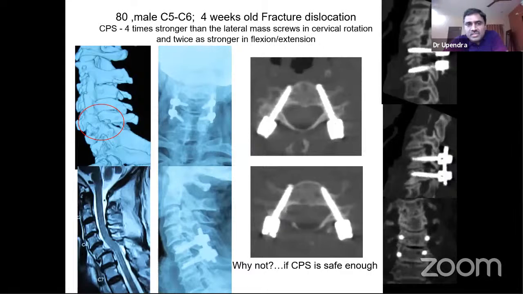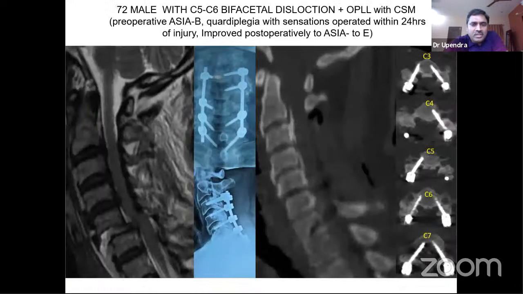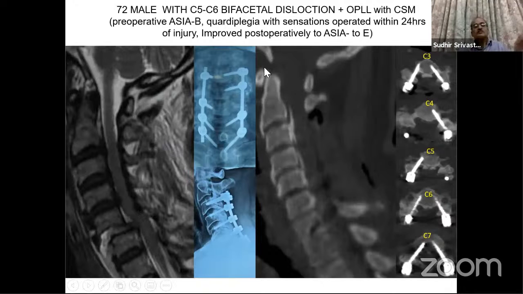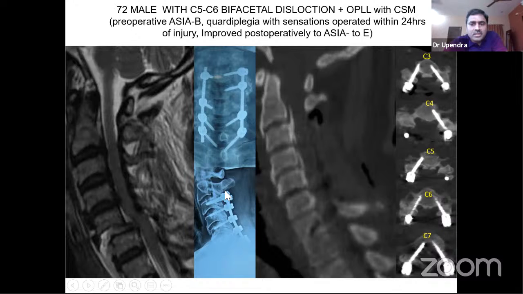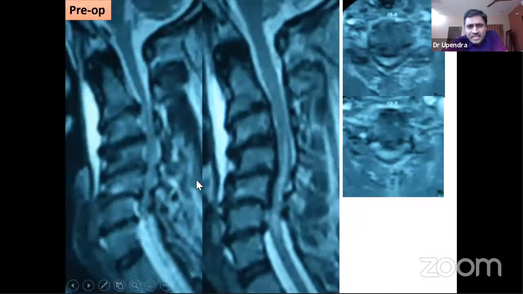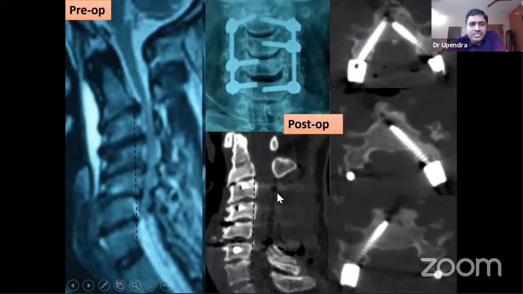So we can use it in all the situations where it is required to fix the cervical spine, fracture dislocation, or in ankylosing spondylitis with compression, where we can get good long segment fixation by a posterior only technique. In cases of cervical kyphosis, we can address it all posteriorly by compression and correction of kyphosis in a single setting.